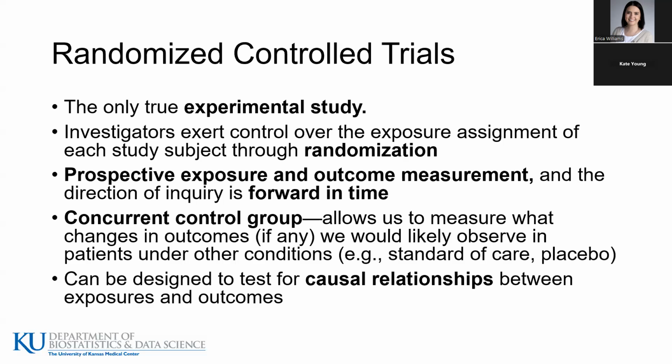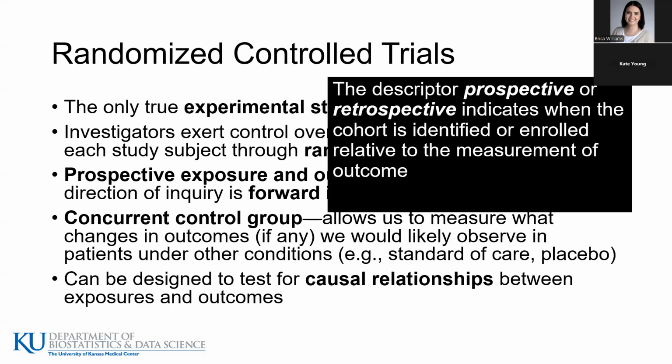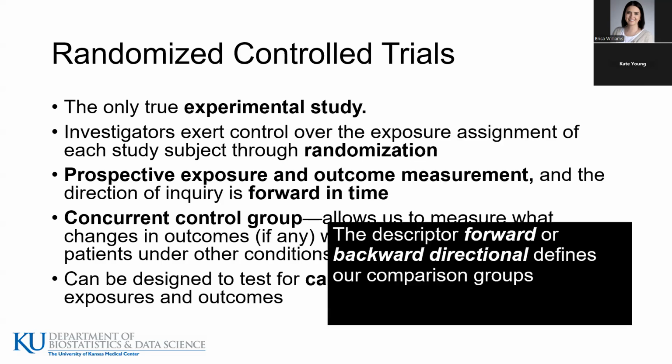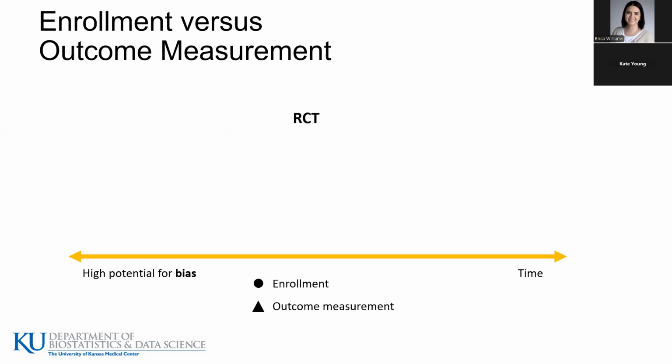And then forward versus backward directional, these refer to which groups we are comparing. So are we comparing the groups based on their exposure or based on their outcome? Forward or backward directional defines what are our comparator groups.